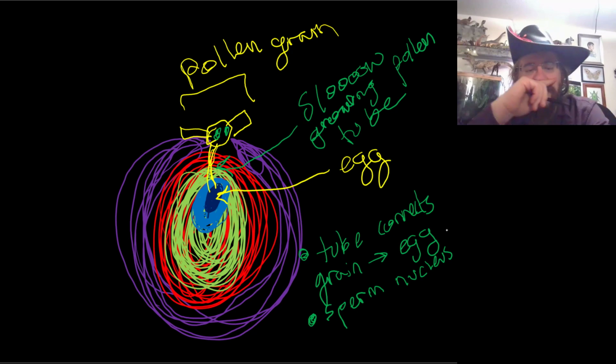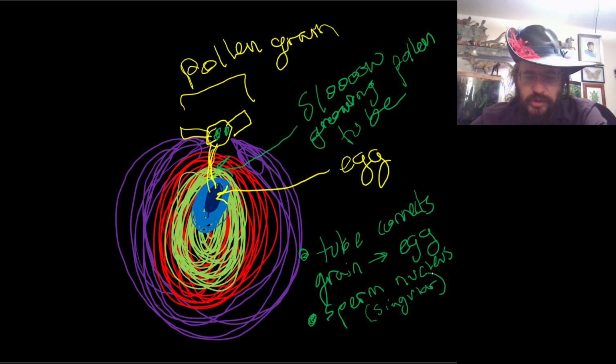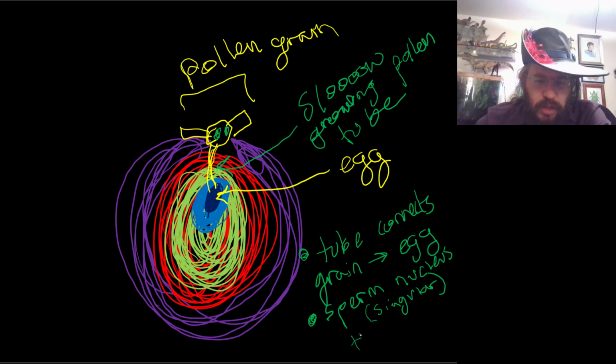Remember, I keep saying that in gymnosperms, only one sperm is a functional nucleus. The sperm nucleus, singular, this is actually going to be important when we get into angiosperms, hence why I'm driving it home. Sperm nucleus travels through the tube and ferts the egg.